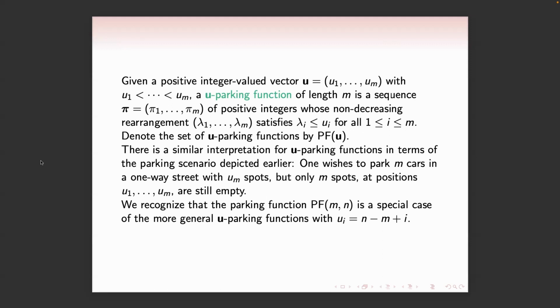And then a real problem continues so that when we rearrange the parking functions in non-decreasing order, each corresponding entry is bounded by the corresponding entry of u. So we think that the current corresponding scenario with n parking spots is actually a special situation of the u-parking function.